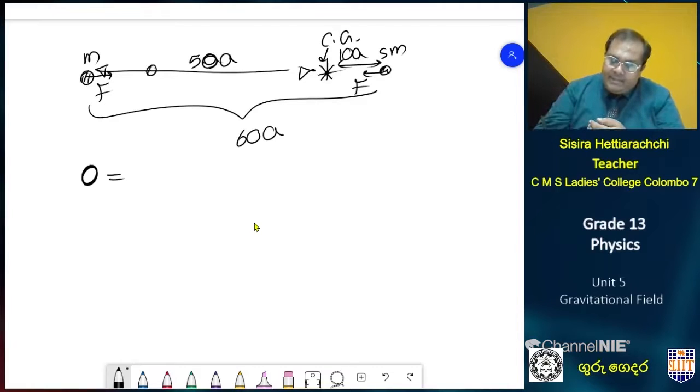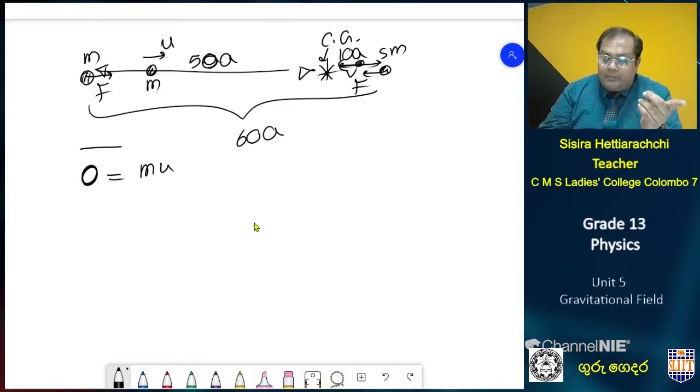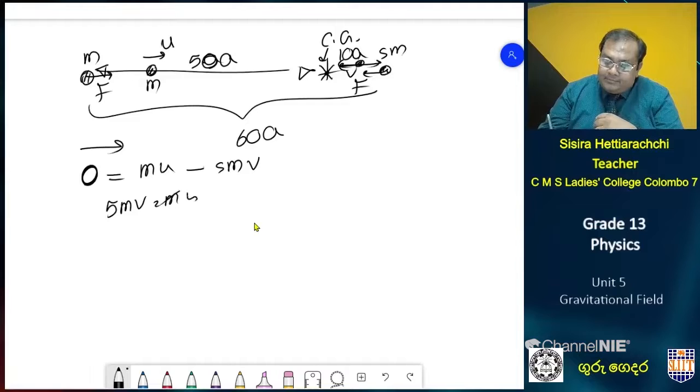Then for example, assume this velocity here is u at a general position, and this velocity is v. Then you'll see one of them is m into u, and I'm going to apply it this way, and the other is minus 5m into v. Then you can see 5mv equals mu.